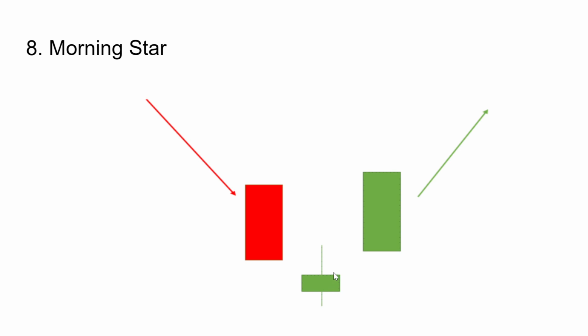So after the doji, you are having a big bullish candle. So this pattern is called the morning star pattern, a multi candlestick pattern formed by three candles. So in the downtrend bottom, if you get this type of pattern formed, then you can start buying by keeping the stop loss at this bottom.